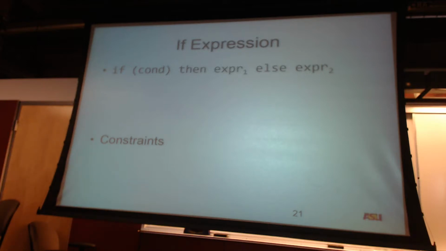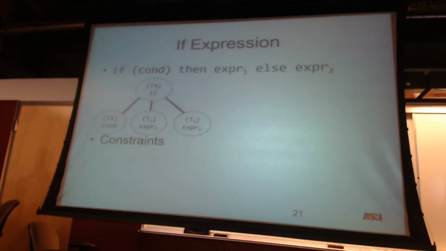So how do you represent it? You have an if root node and give it a type t4. You have the condition as the leftmost child, give it a type t1. Then you have expression 1 as one child, t2 is its type, and expression 2 as another child, t3 is its type. Now what are the constraints?